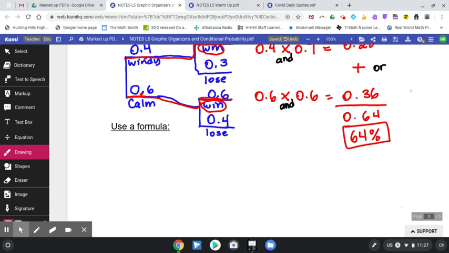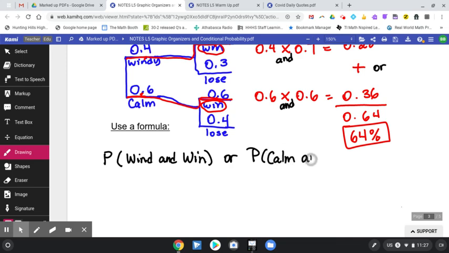Let's take a look at how would this look if we had used the formula. So we'd be looking at probability that it's windy and they win, or that it is calm and they win. So that's really what the question is all about, just probability of winning. We have to understand there's two ways that that could happen. So probability of wind, 0.4, and means multiply.